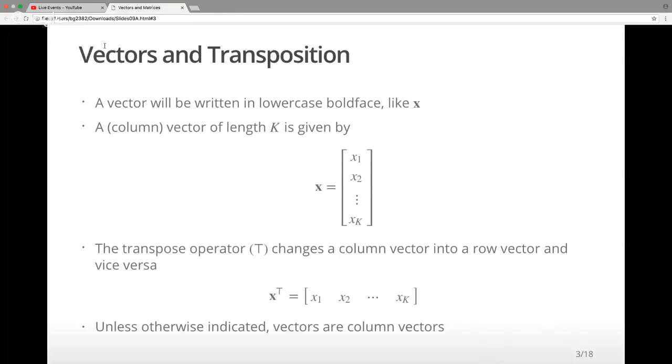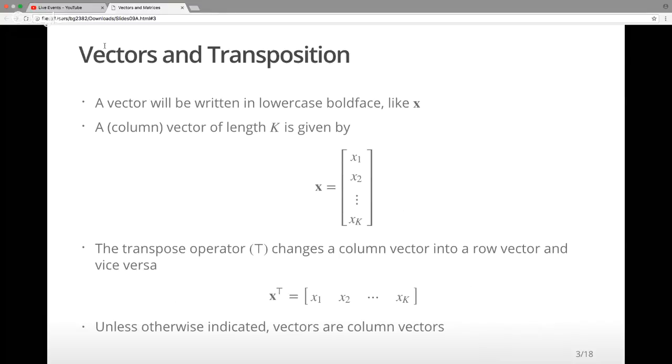So here we have specifically a column vector x that is of size k. I actually shouldn't say length here. It's of size k. And that can be represented in your head as the vector boldface x as a container for x1, x2, all the way up to the kth scalar x value being contained in the x vector.